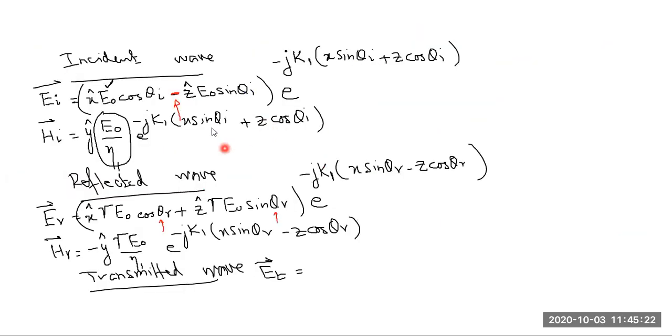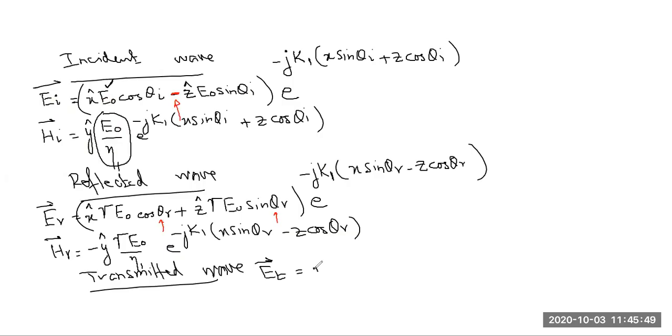Another thing you need to change is, in place of k1, you will have k2, because the transmitted wave is now traveling in medium 2. And the incident wave magnitude is E naught, but the transmitted wave magnitude will be the incident wave multiplied by the transmission coefficient. The rest of the equation will remain the same. So let me write it down, and then you can see what I'm doing.